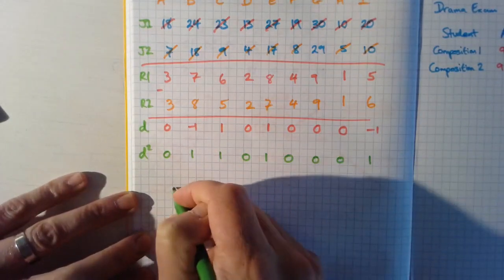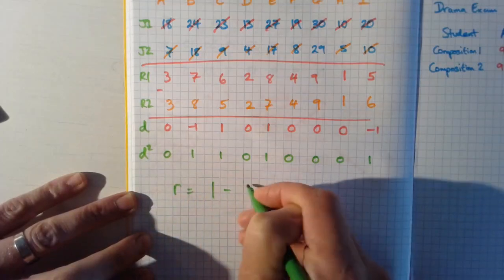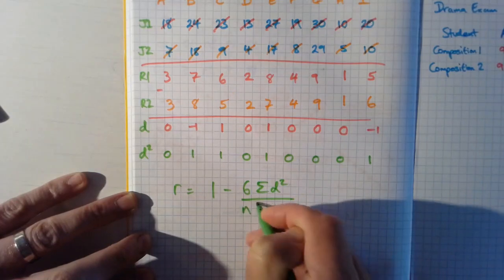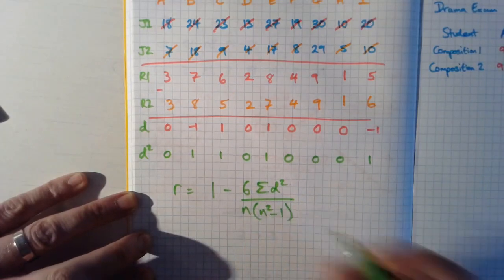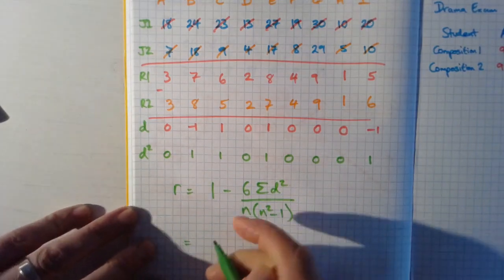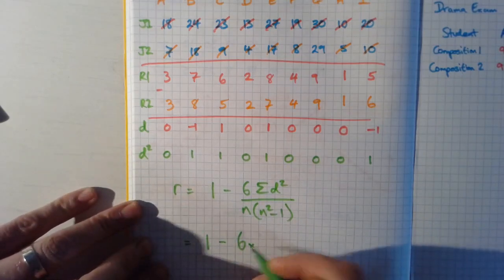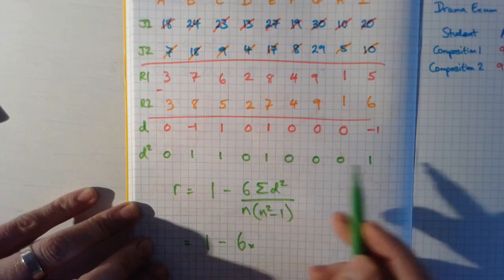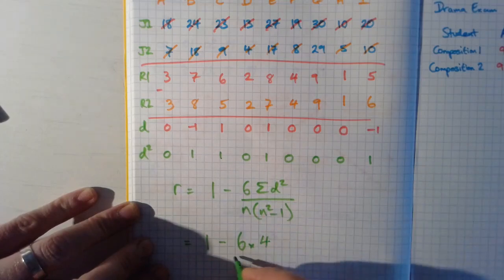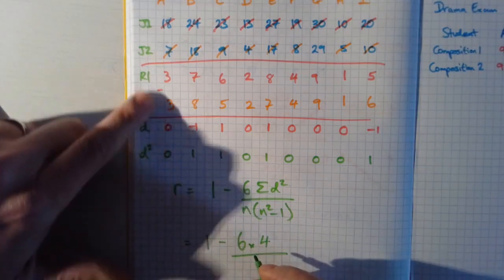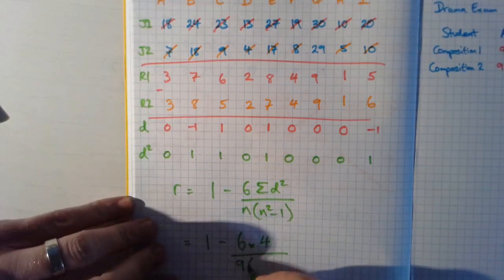Now the formula is 1 minus 6 times the sum of these squareds divided by n times n squared take 1. So 1 subtract 6 times the sum of these squareds, which is 1, 2, 3, 4, divided by n, which is 9, as there are 9 sets of values, so it's 9 times 9 squared take 1.